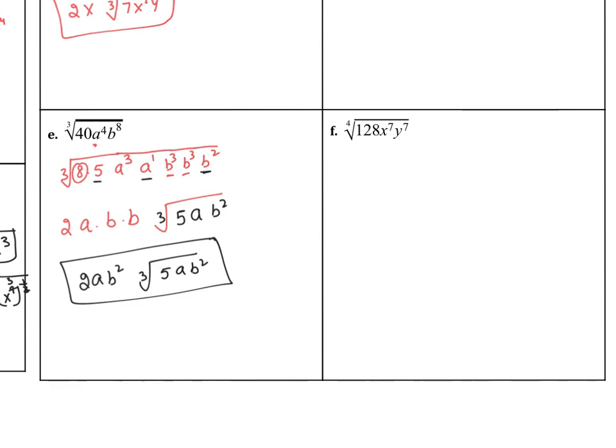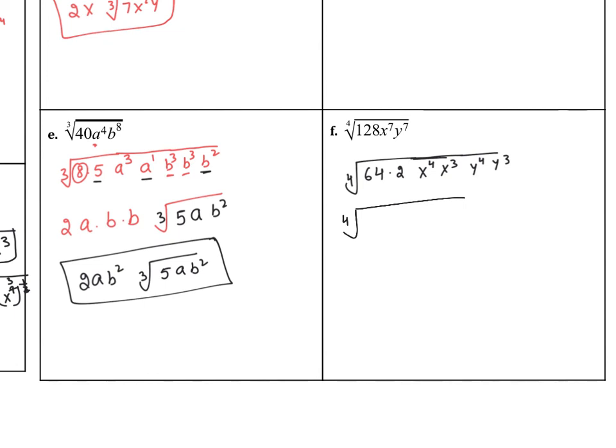For letter F, you can break this down as 64 times 2, and x to the power 4 and 3. Similarly for y, 4 and 3. Now I'm going to break the 64 down, and how many 2's go into 64?